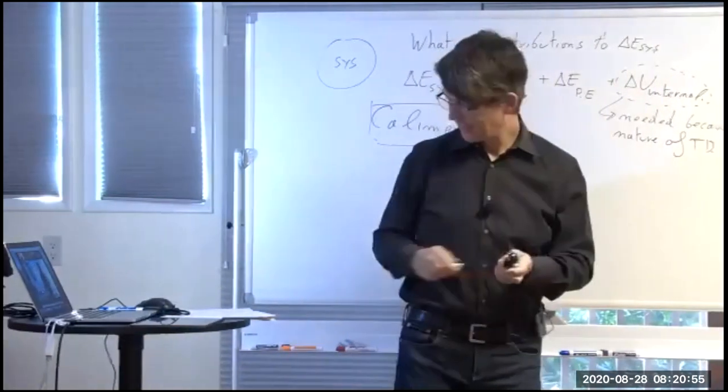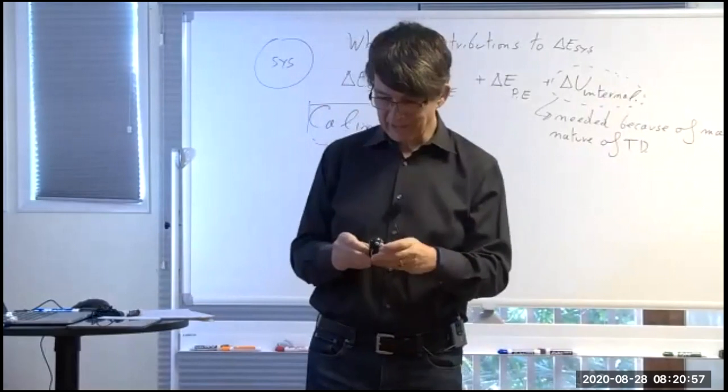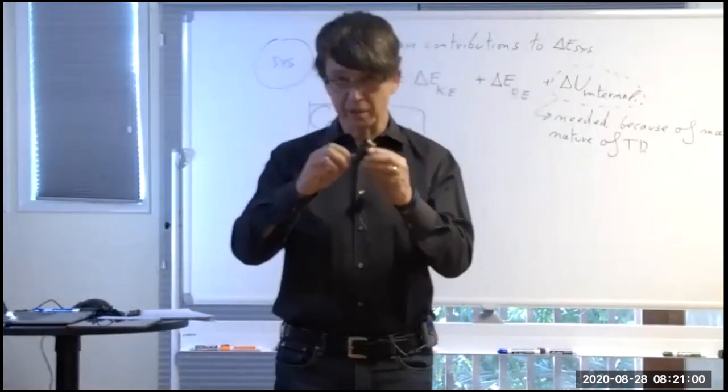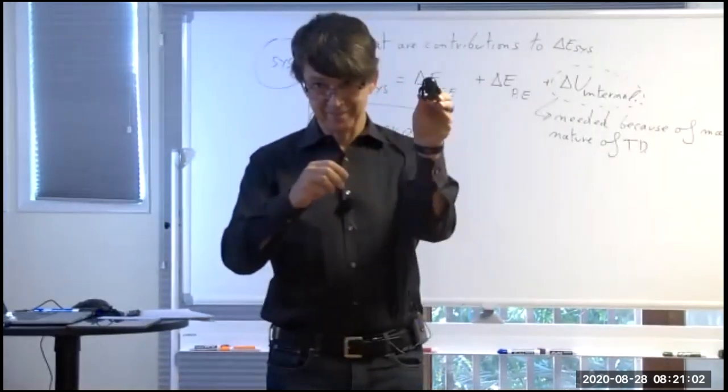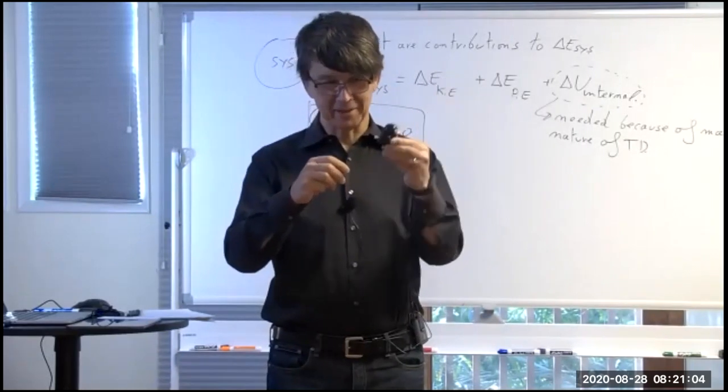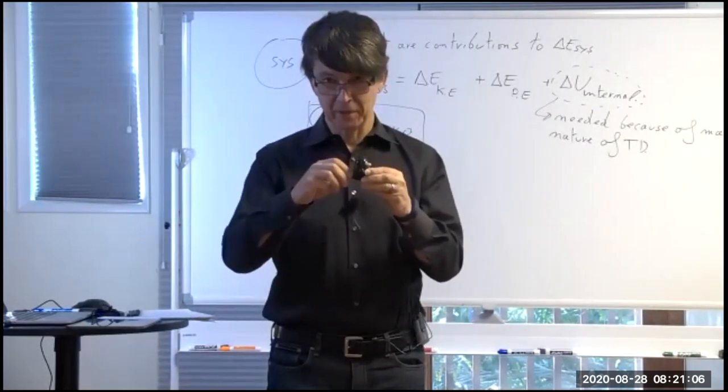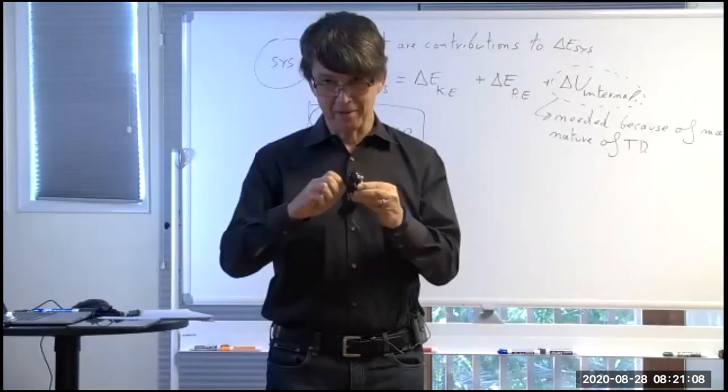Normally I would do this with a volunteer in class. Calimero has a little spring on the back. You have to believe me, it's one of these wind-up toys. So I'm going to wind up Calimero.